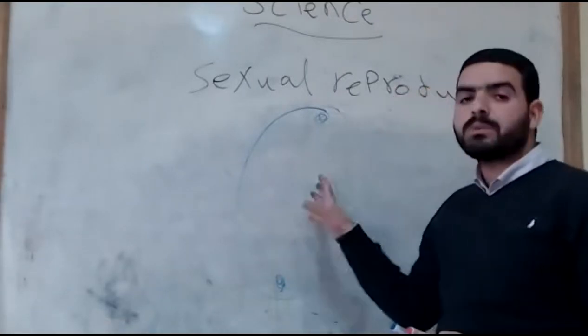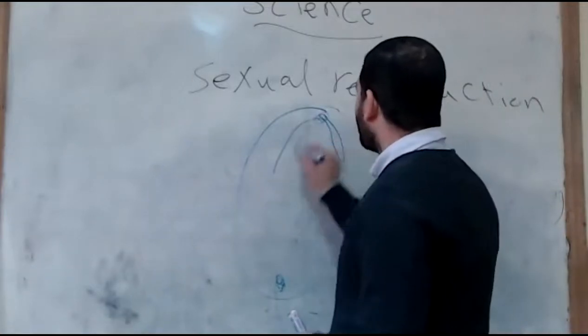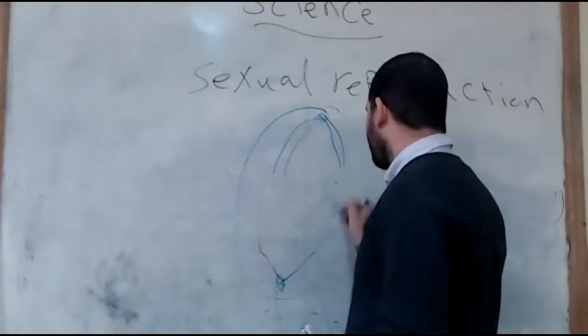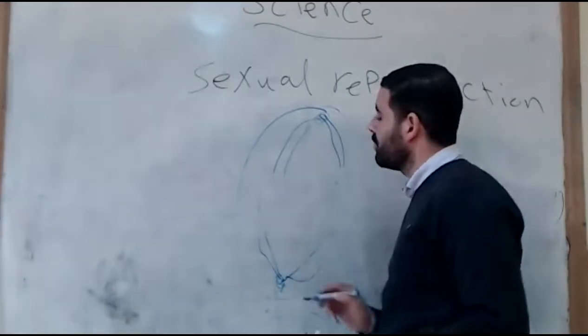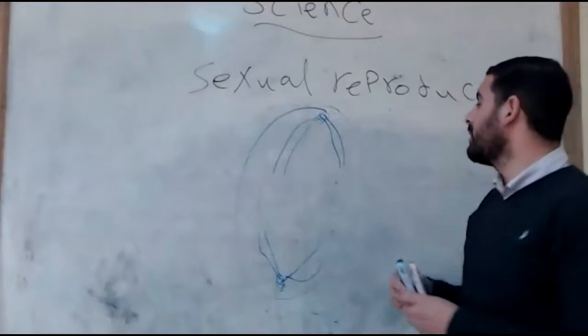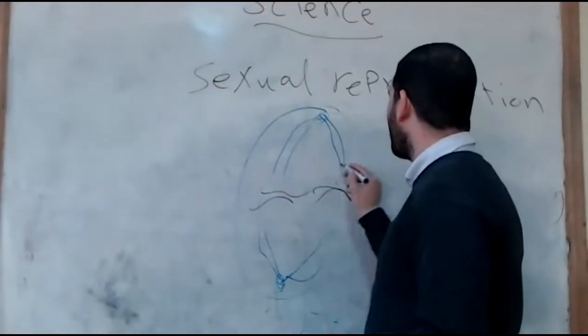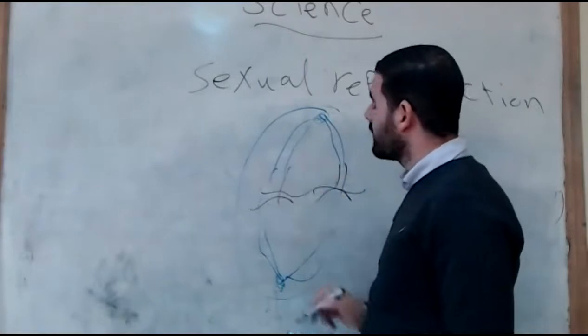Then it starts with prophase, in which spindle fibers begin to appear and the nucleolus begins to disappear. The next stage after prophase is metaphase, in which the genetic material, or chromosomes, are arranged on the equator of the cell.